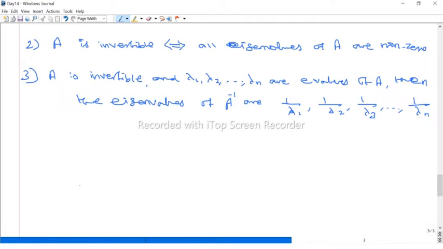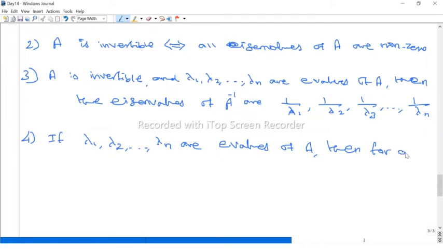etc. So maybe I can write another point. Suppose lambda 1, lambda 2, etc., lambda n are eigenvalues of A, then for any positive number k, because we cannot say anything about the negative number or zero.